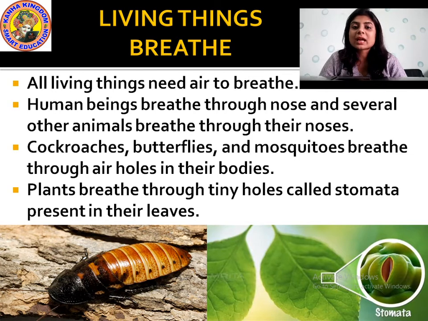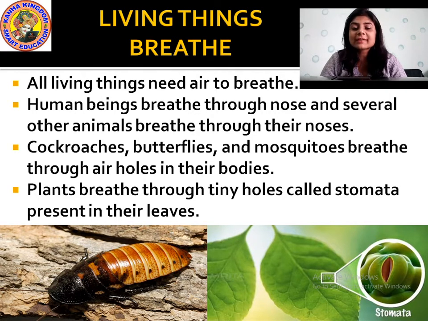That is stomata. It is a tiny hole in the leaf, and some insects like cockroaches, butterflies and mosquitoes all have air holes in their bodies. You can see the picture of the cockroach and you can see some dots on its body. Those are the air holes through which they breathe.